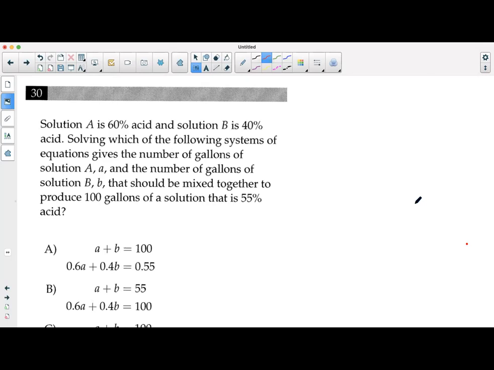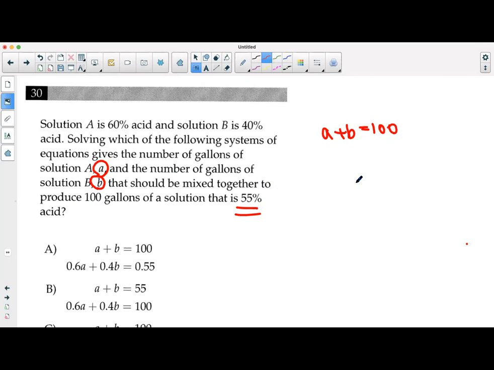Solving the following system of equations gives the number of gallons of solution A, which is A, and solution B, which is B, mixed together to produce 100 gallons of solution that is 55% acid. So of course, when you add up each individual portion, it has to be equal to 100. So that tells me that A plus B is equal to 100. But the second thing is this.